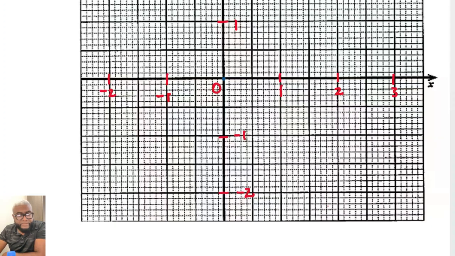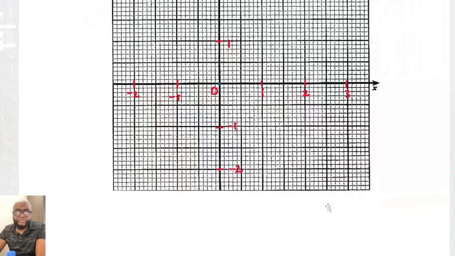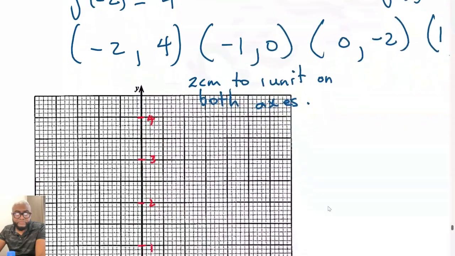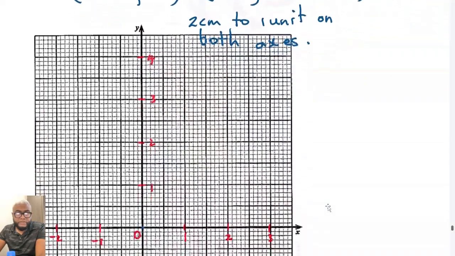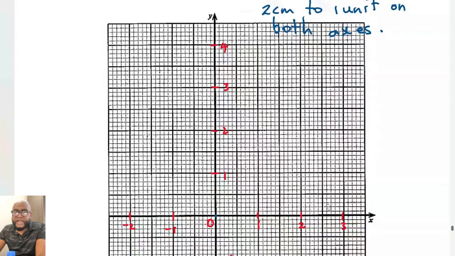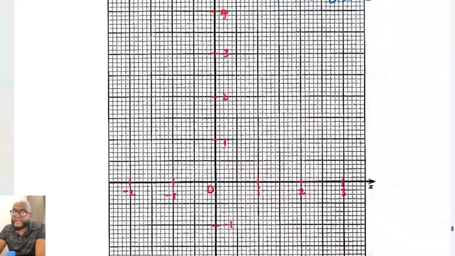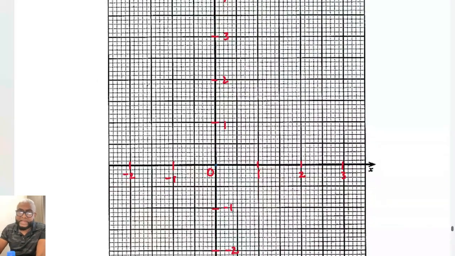Okay, this is the grid that CSEC gave us, so I guess the points had to fit here. So there you go. What's the first coordinate here? -2 on which axis? The first number is on the X or the Y? X, boom. And the second number is the Y. So let's locate -2 on the X. That is here.